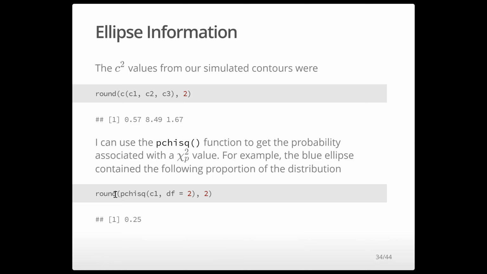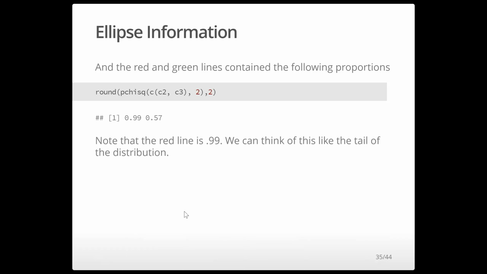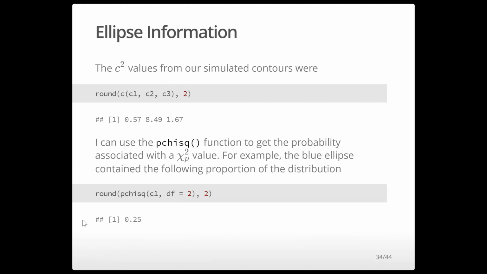So here I'm getting the probability for chi-square of 0.57 with 2 degrees of freedom, and it turns out that's 0.25. So that means that the blue line, the first line, contains 25% of the observations from the normal distribution. It would be considered the 0.25 density region. It's sort of like taking the center 25% from a normal distribution. That was univariate. This is the center 25% from the multivariate normal distribution.